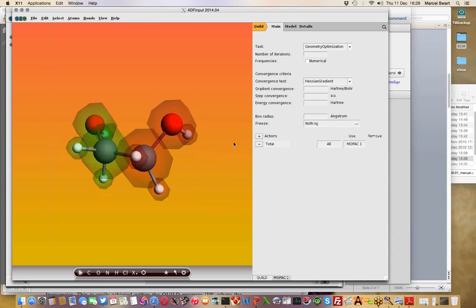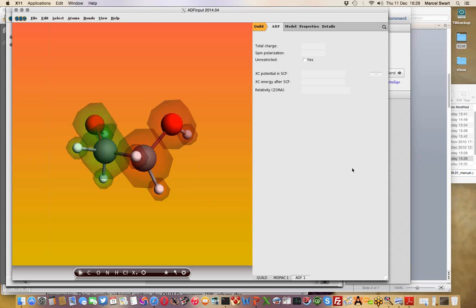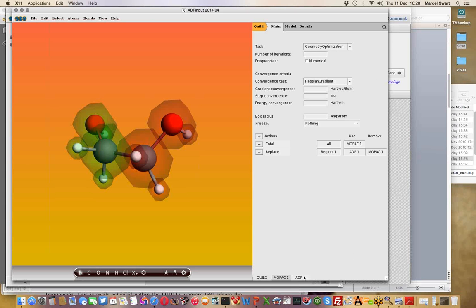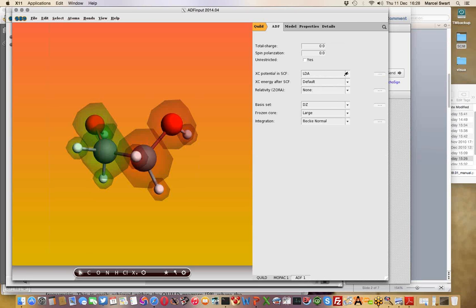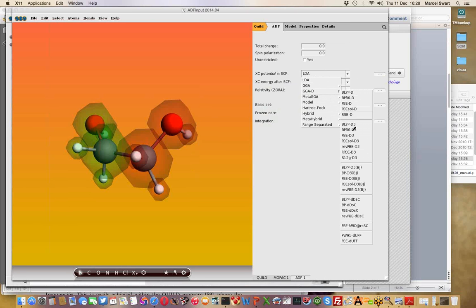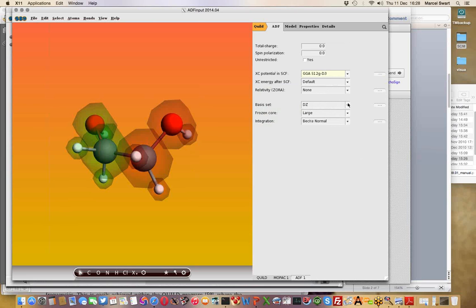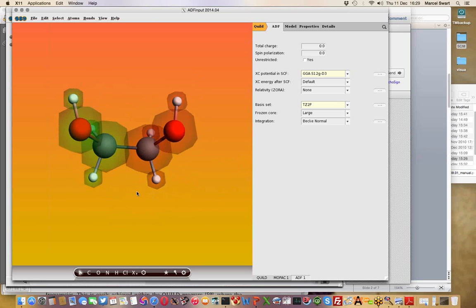And then for region 1, we want to remove the same description which we use for the whole system, and we want to treat it with density functional theory, let's say one of the best functionals available, and S12G. Then you can optimize this part of your molecule with an accurate description and the rest with your lower level description.